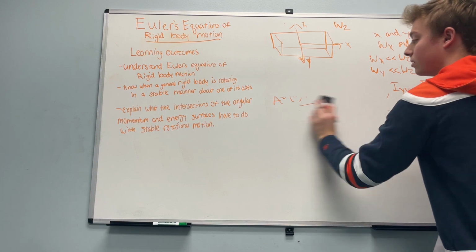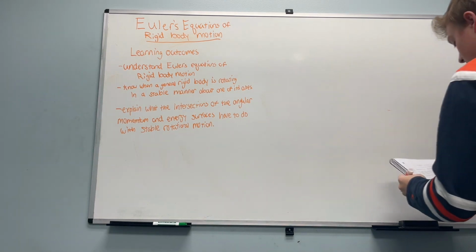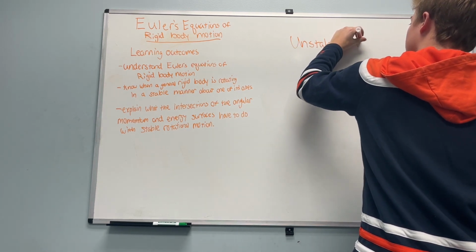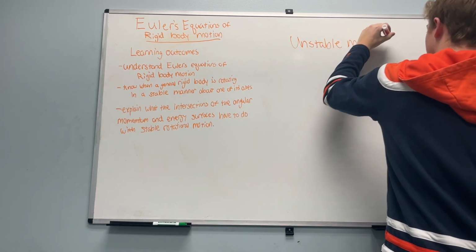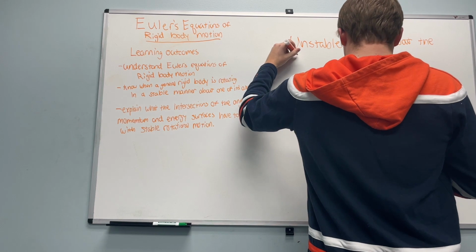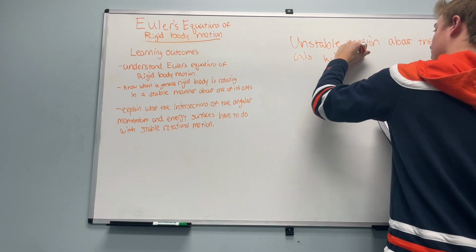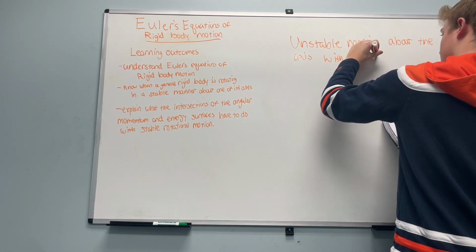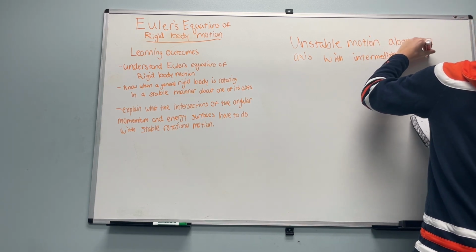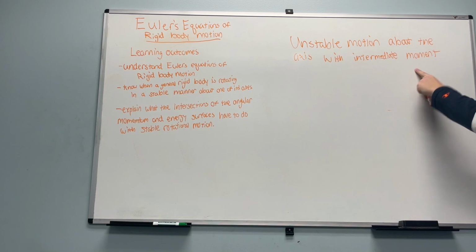Let me erase this so we can get some more room. Unstable motion will occur about the axis with the intermediate moment.